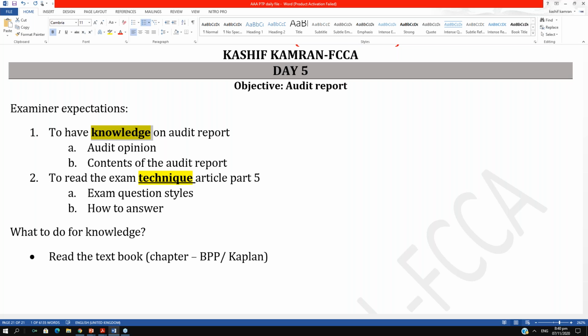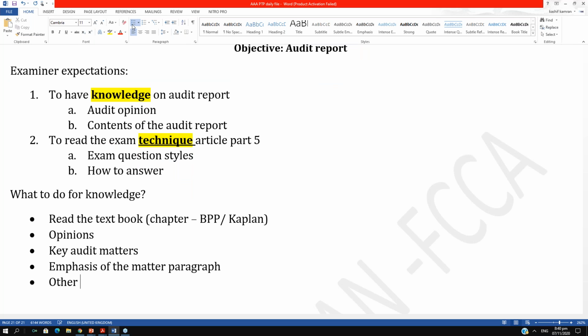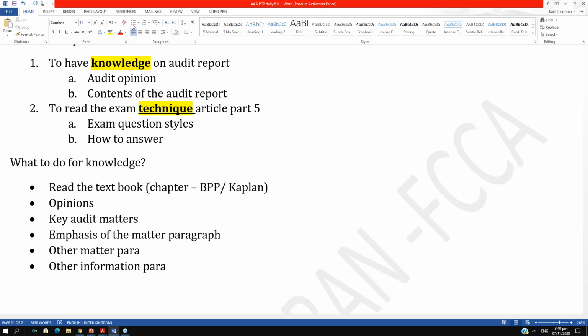So you should have very good knowledge about opinions. You have very good knowledge about key audit matters. You have very good knowledge about the emphasis of matter paragraph, the other matter paragraph, and the other information paragraph.